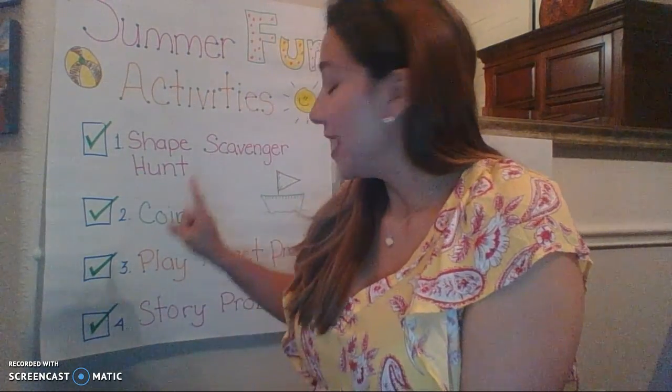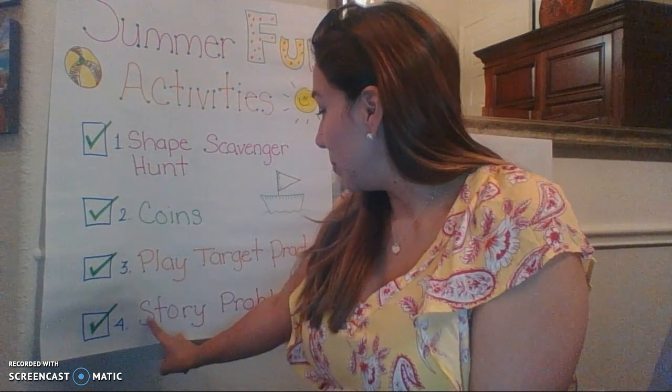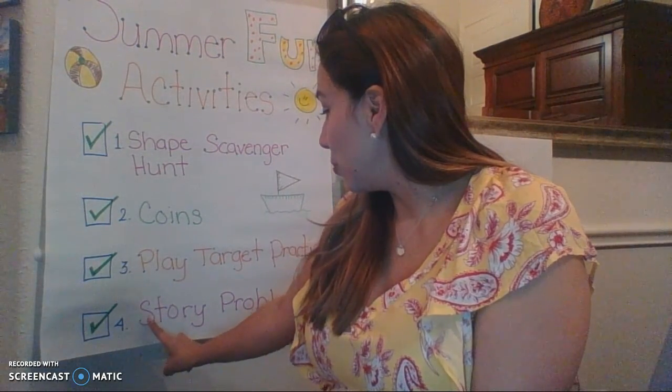Okay, boys and girls, now for activity number 4, you will do story problems. Do you remember in class when we used to work with our word problems and use a strategy called RDW? Do you remember what that stands for?